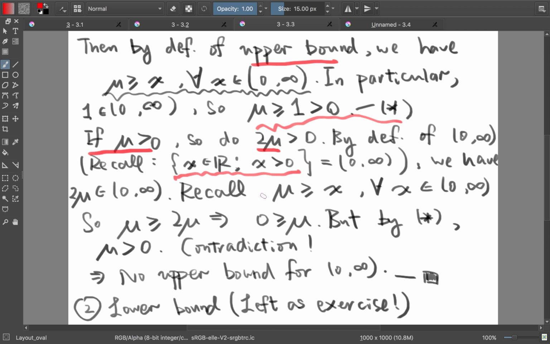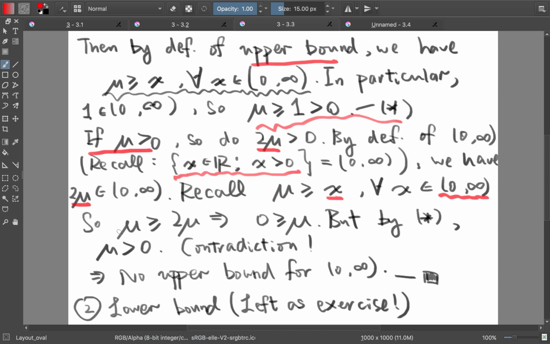And recall that mu is greater than or equal to x for all x inside this interval. Therefore, we can replace this x by 2 mu, because 2 mu indeed lies in this interval.